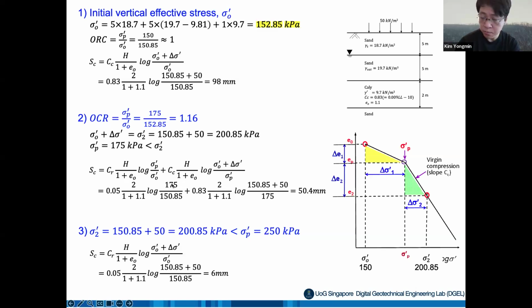And the maximum effective stress is the pre-consolidation pressure, plus Cc over 1 plus 1.2, 2 meter clay layer, and your initial effective stress is your pre-consolidation pressure and initial plus the additional one.